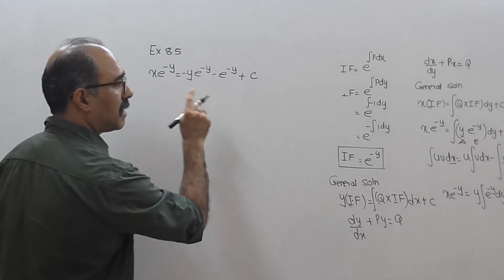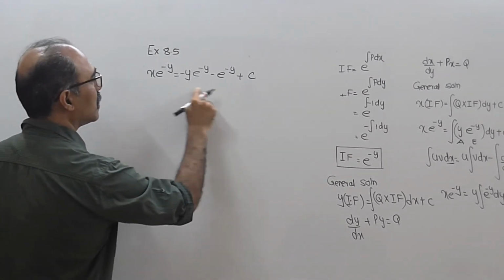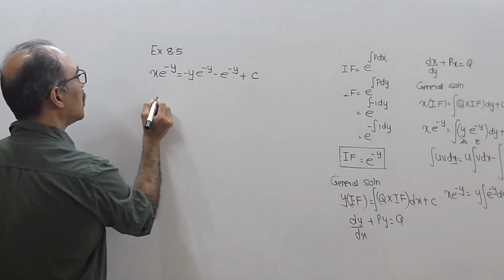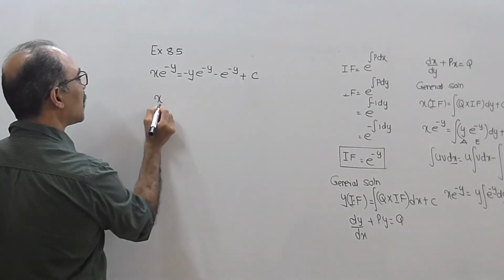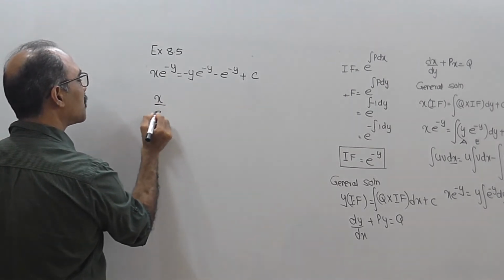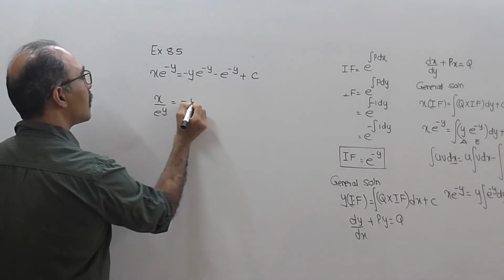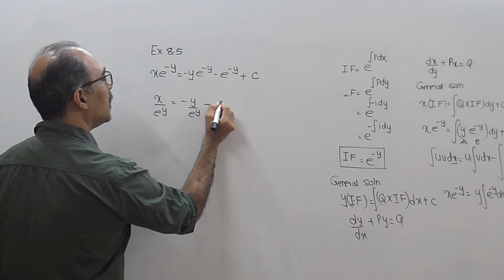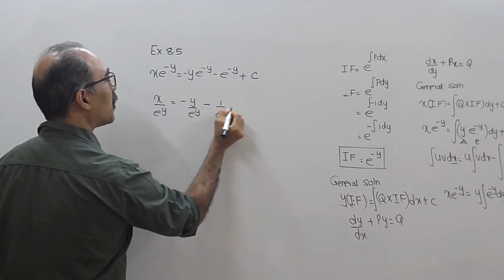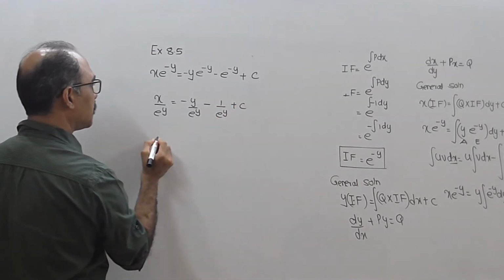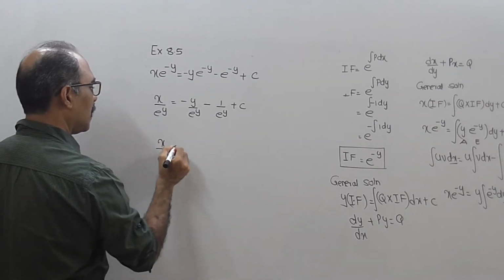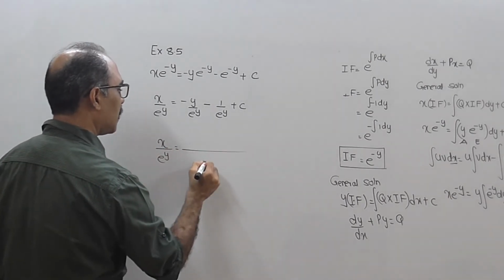I have copied the last step once again. This is the last step which you got. What you can do is, e raised to minus y is 1 upon e raised to y, and plus c. So this is x upon e raised to y.